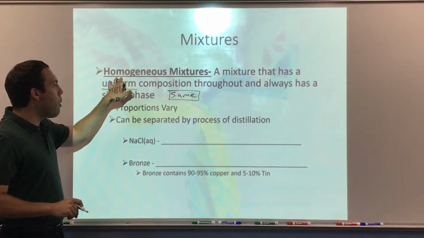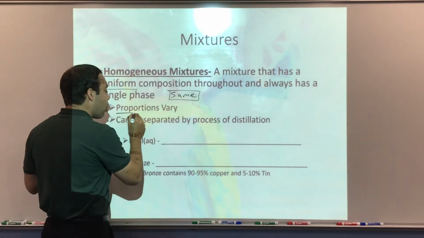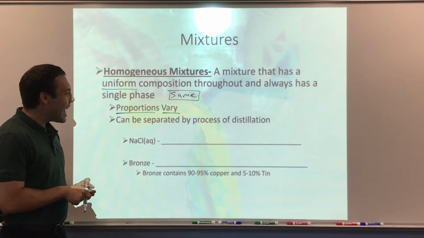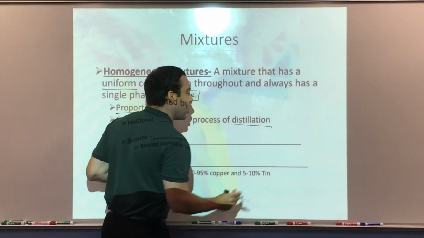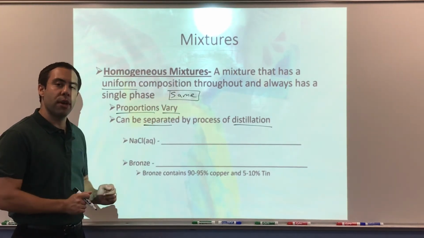Homogeneous, the prefix homo means same. Although the proportions will vary. And it can be separated by a process known as distillation. We'll talk about this more when we talk about the different ways to separate mixtures.